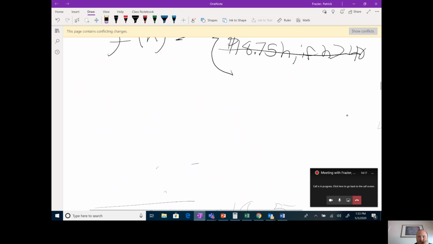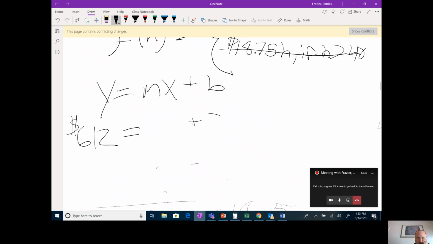So this is kind of like y equals mx plus b, because b in this case would be the $500. So $612 equals mx, which would be 18.75. That's our rate. That's kind of like our slope. It is our slope, 18.75 an hour plus $500.